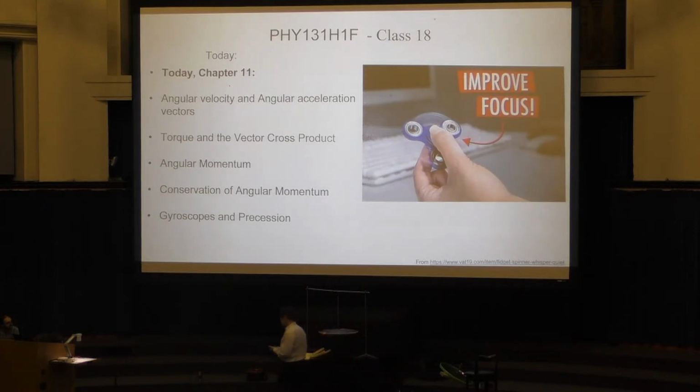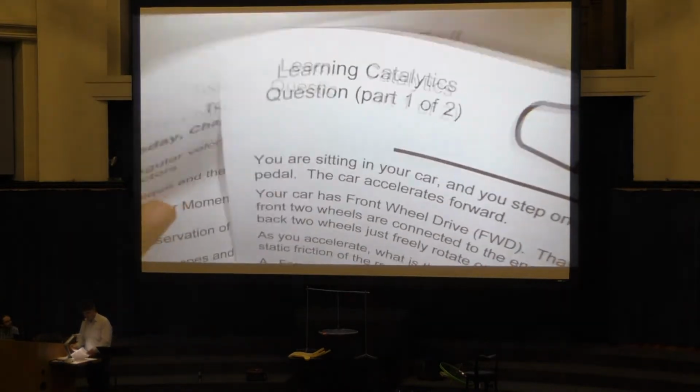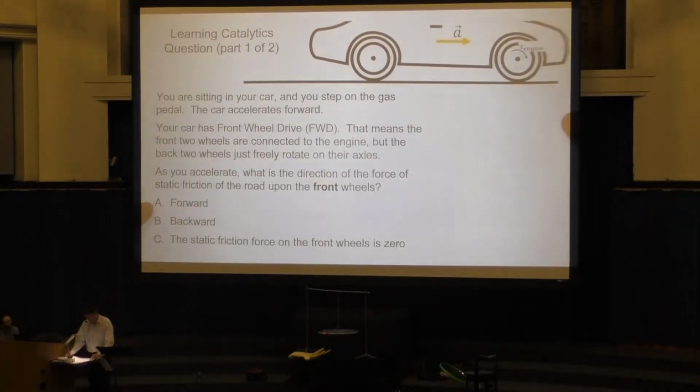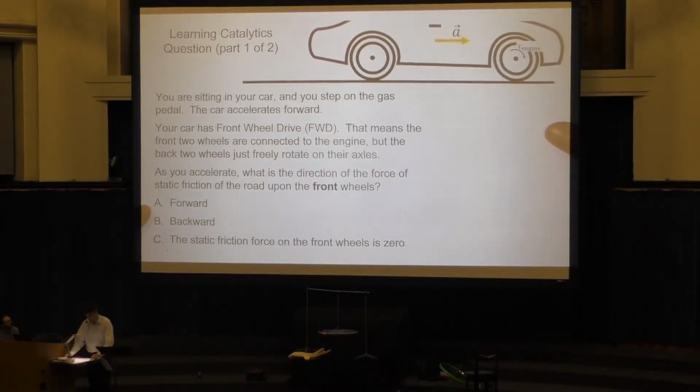But the way I want to start actually is I want to talk about cars. And there are three kinds of cars that you can buy: AWD, FWD, and RWD, meaning I guess an all-wheel drive, like a Subaru or a Tesla or something, will have the engine connected to and driving all four wheels.